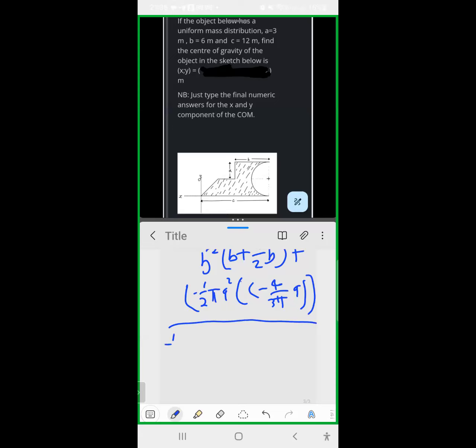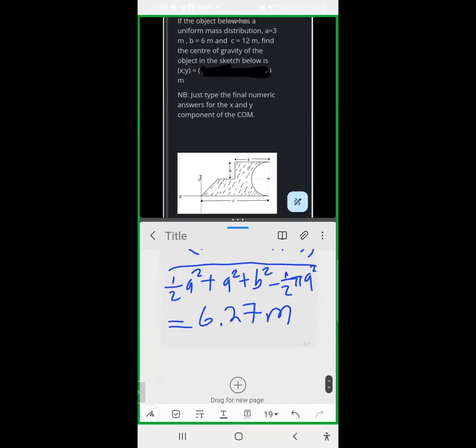So for the first shape, the area is half a squared, plus the second shape, the area is just a squared, plus the third shape, which is simply b squared, and then the last shape, which is minus 1 over 2 pi a squared. And then from here, you just substitute all the values of a and b, and you're going to get that the x center of mass is 6.27 meters. So that's how we go about finding the x center of mass.